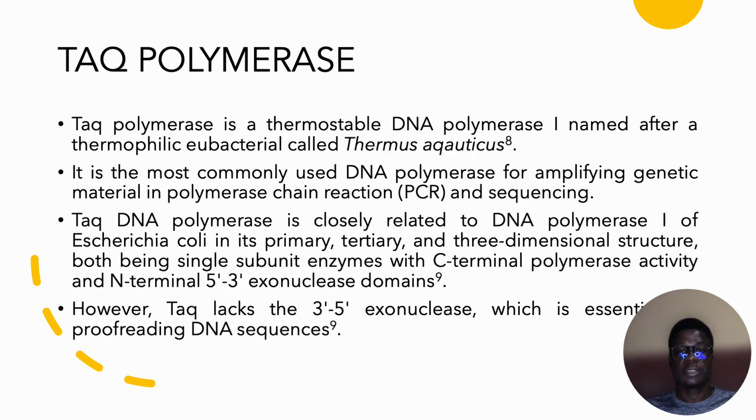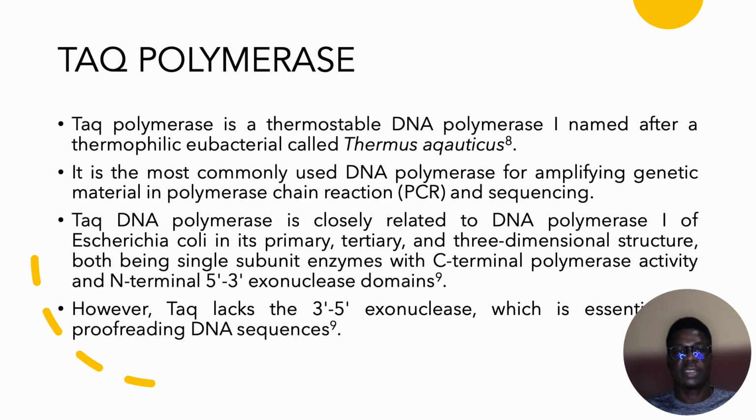Taq polymerase is a thermostable DNA polymerase derived from a bacterium known as Thermus aquaticus, a bacterium that lives in hot springs. It has a wide range of molecular biology applications, for example, in amplification of a gene or target DNA sequence during polymerase chain reaction.